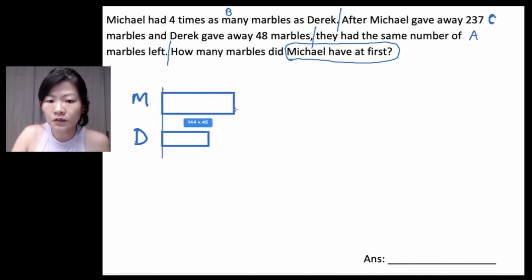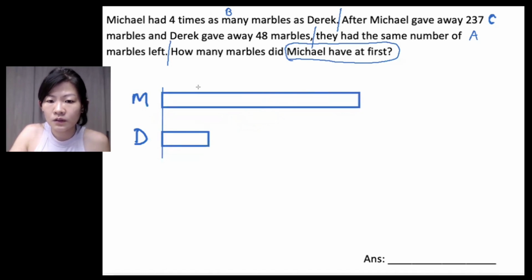So I will draw and indicate the equal parts over here. Now, I'll be using another color to indicate the change that took place and also eventually what's the outcome.